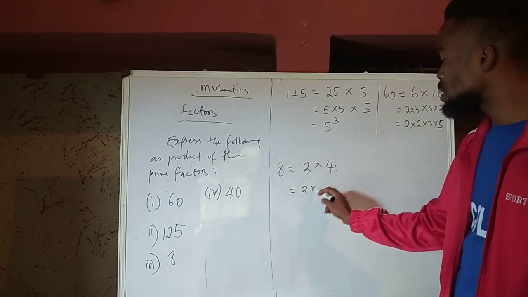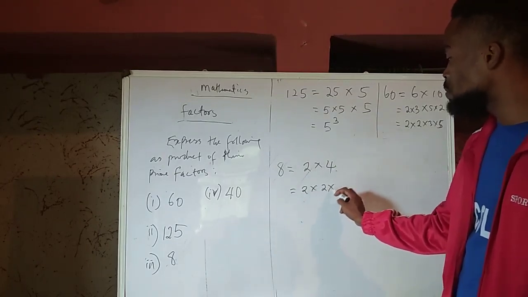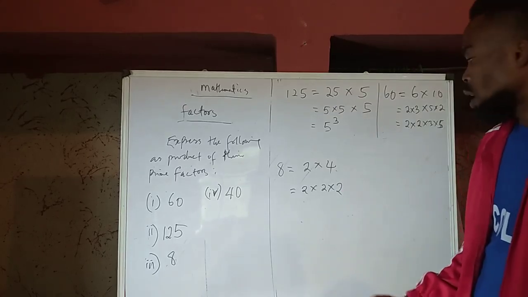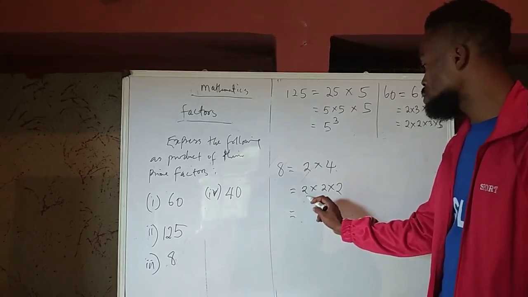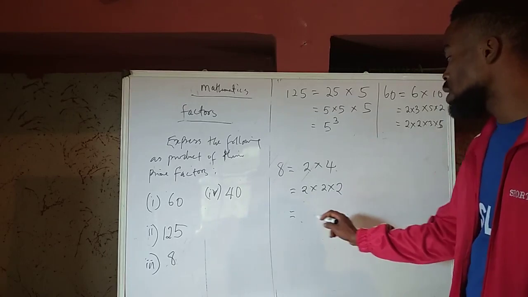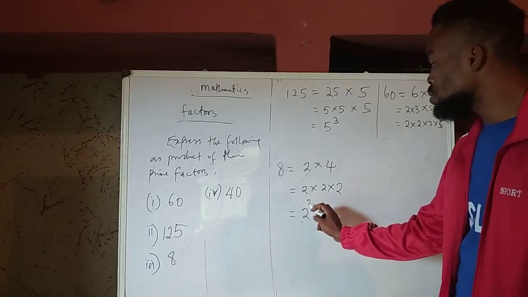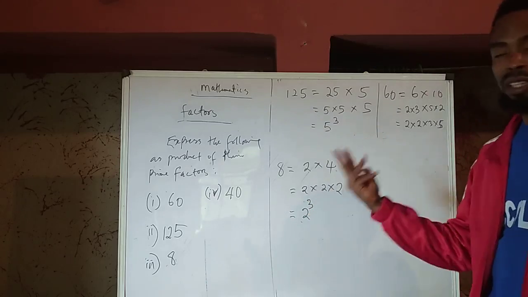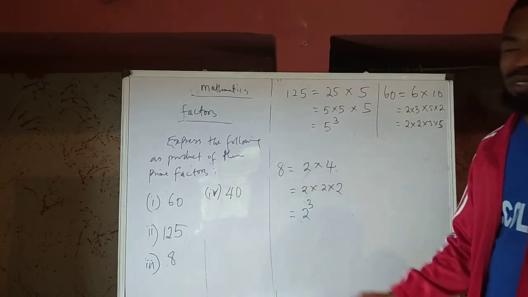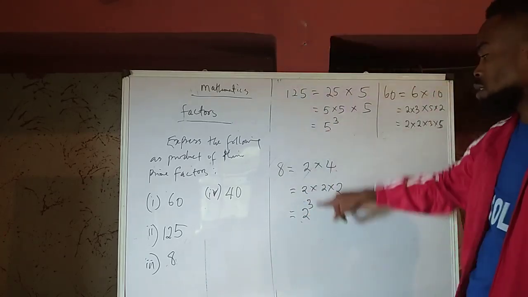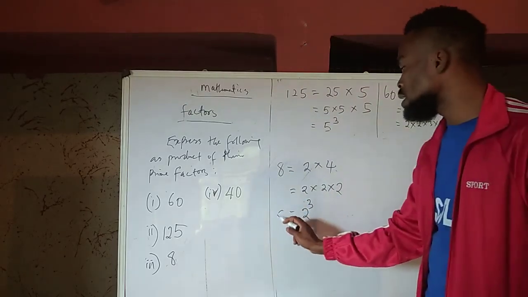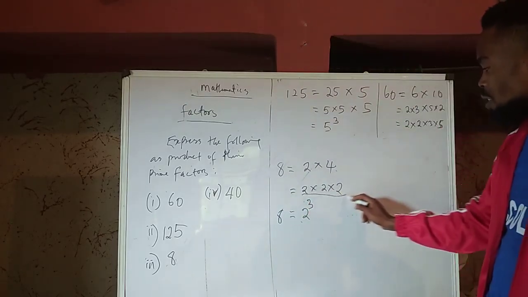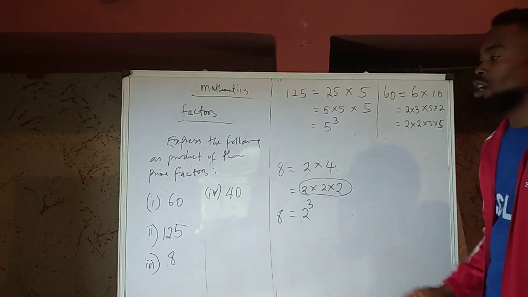So 2 times 4 broken down becomes 2 times 2 times 2. So this is the same thing as writing 2 raised to the power of 3. You are writing 2 raised to the power of 3 because you are multiplying in 3 places: 1, 2, 3. So it is 2 in 3 places. Alright, so that is 8 as a product of the prime factors.